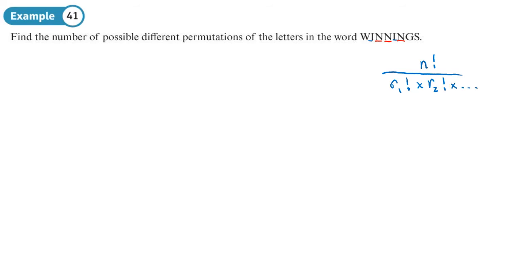So here N would be how many letters we've got: 1, 2, 3, 4, 5, 6, 7, 8 letters. So N is 8. R1, now if I think about the I, that is repeated twice.